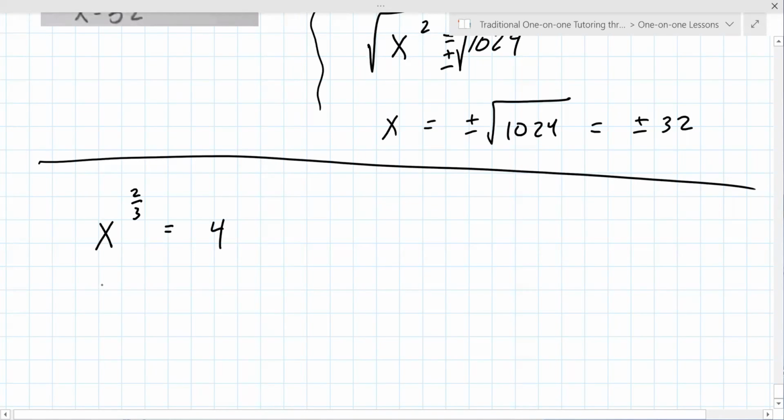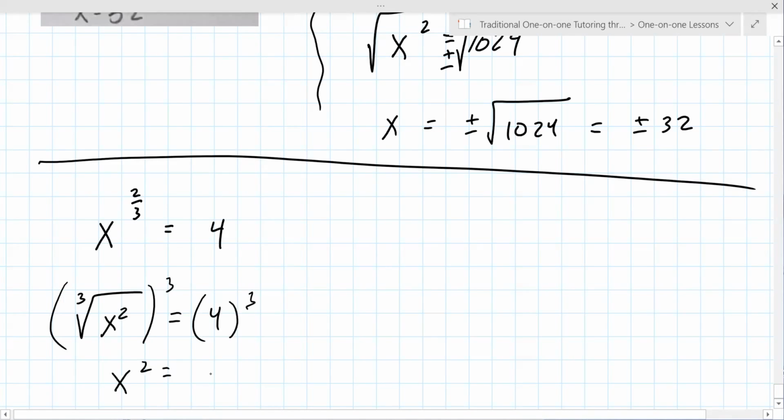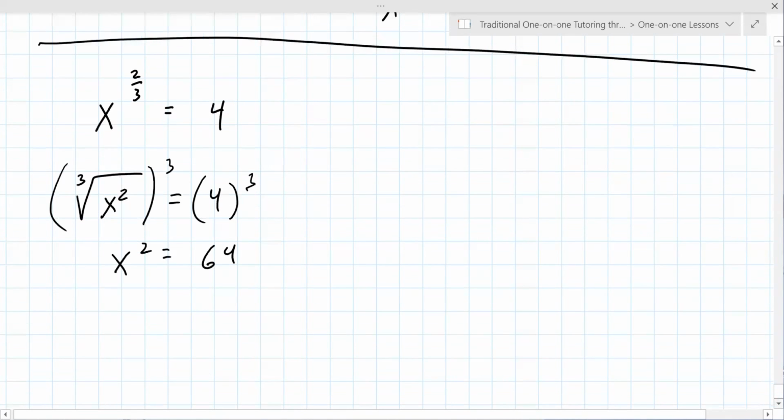The first step here is to write the cube root of x squared. Now, how do you undo a cube root? We multiply to the power of 3 on both sides. So that gives you x squared equals 64. There are two numbers that when you square, you get 64. What are they? Plus or minus 8. Plus or minus 8, yeah.